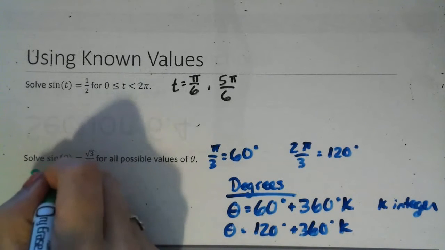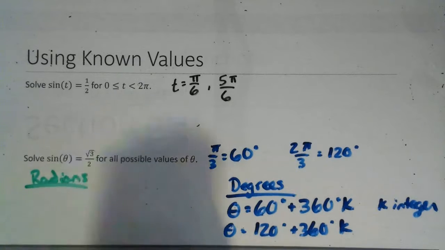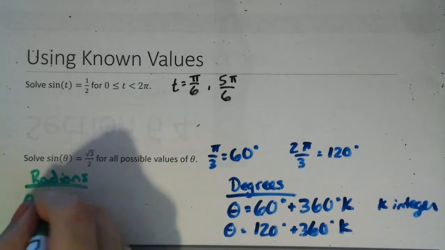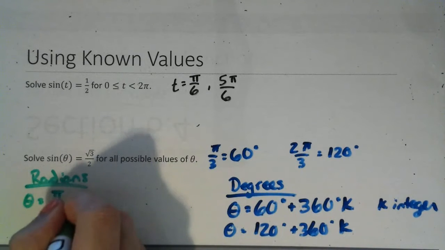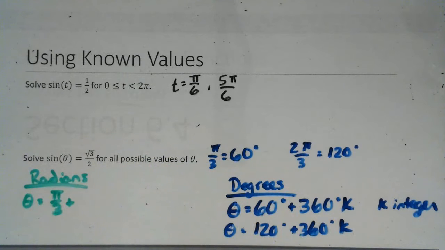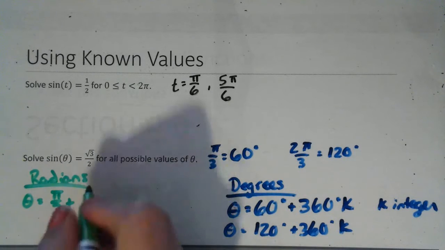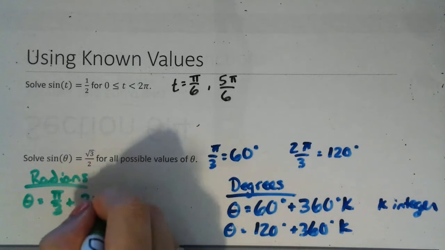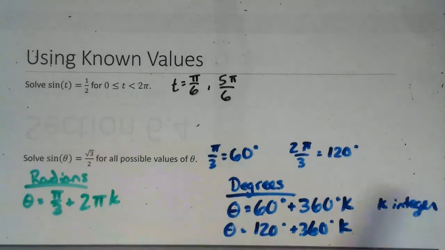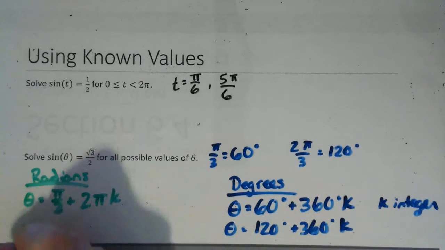If we wanted to think of this in radians, it's the same idea. Theta could be pi over 3, but instead of thinking about it as 360 degrees, it's 2 pi radians to go all the way around. So we would say plus 2 pi k, again where k is any integer.